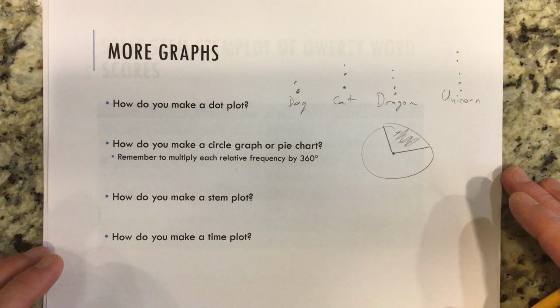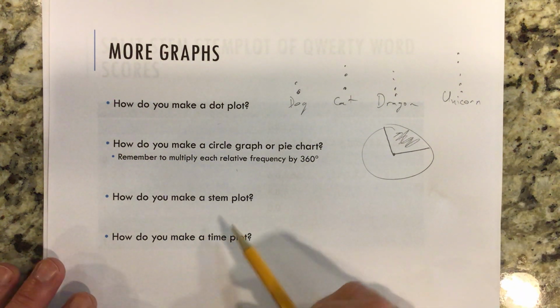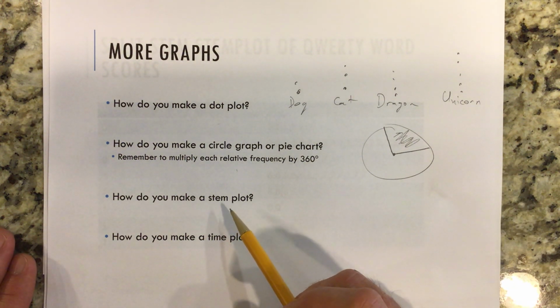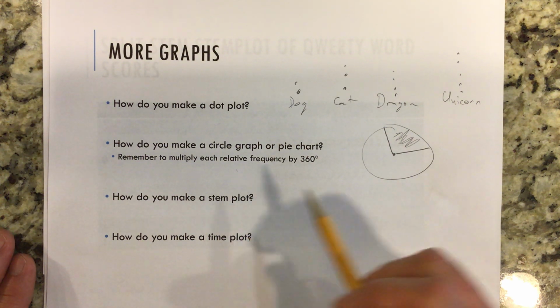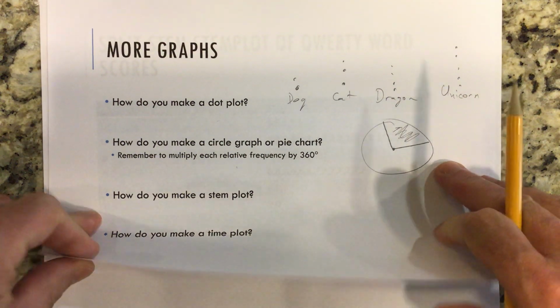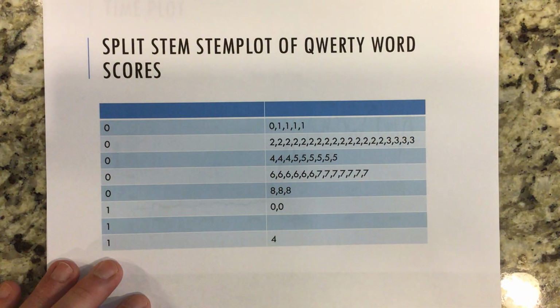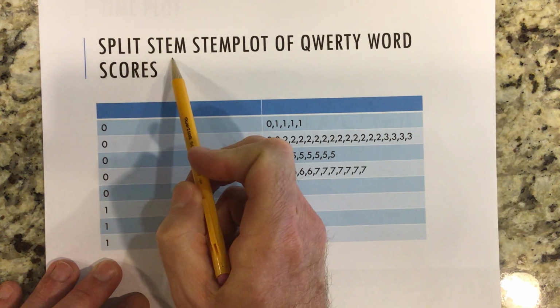Next, stem plot, or sometimes called a stem and leaf plot. To do a stem plot, it's actually an excellent way to organize your data in ascending order. So when you make your stem plot, you're going to organize your data in ascending order. And I made a stem plot for our QWERTY word scores. And this is a special type of stem plot called a split stem.